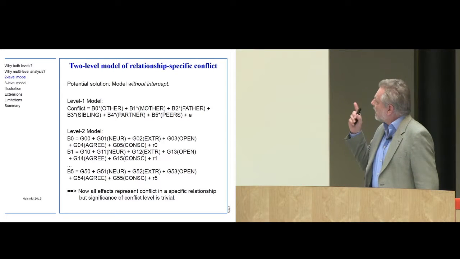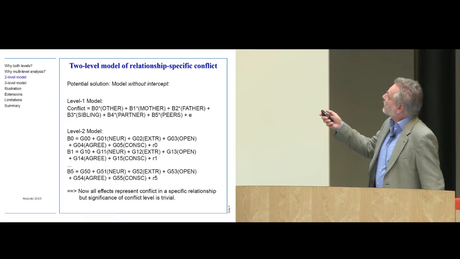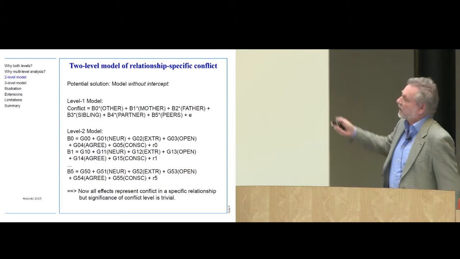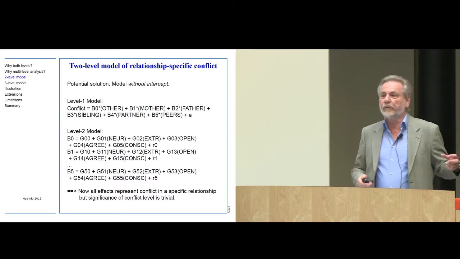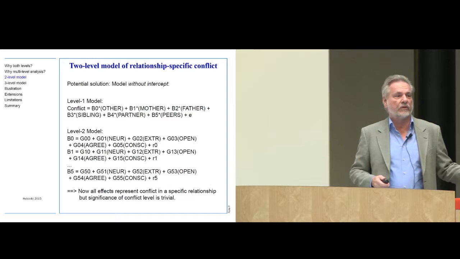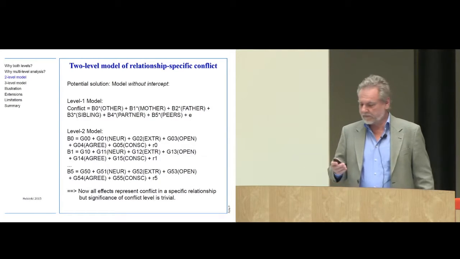The problem, however, is there's also a disadvantage. Your significances for the parameters are trivial. They test whether the conflict is different from 0, but we are dealing with a 1 to 5 scale, so it's always different. They are uninteresting.